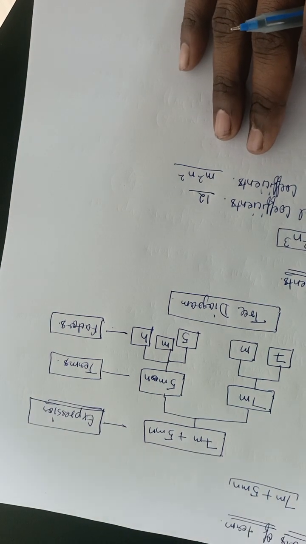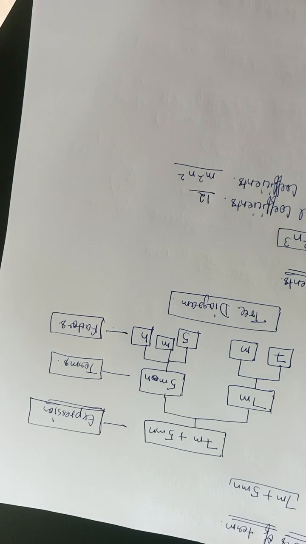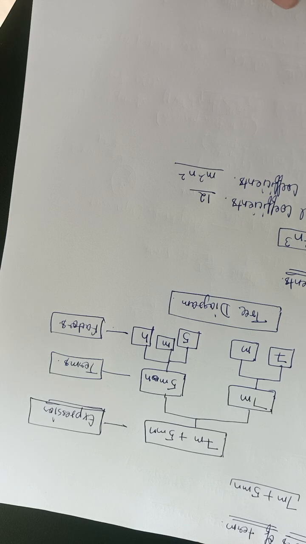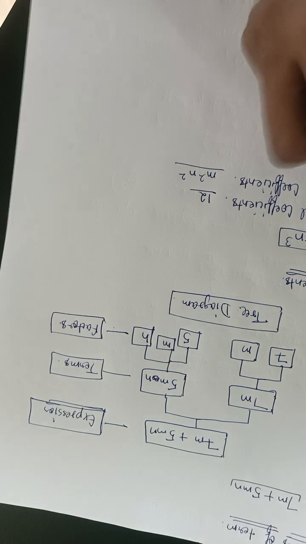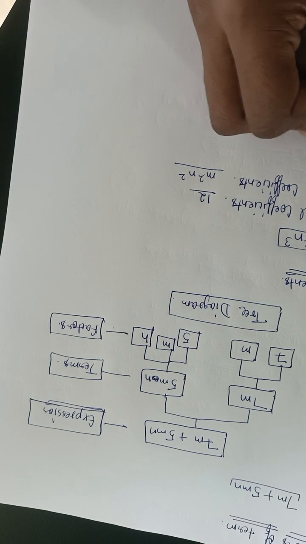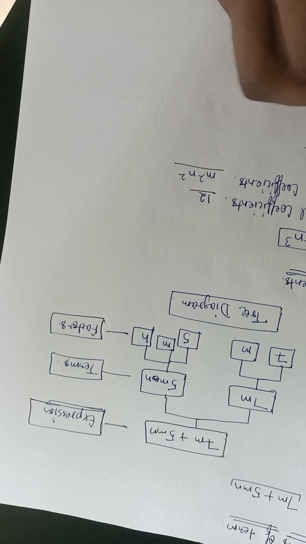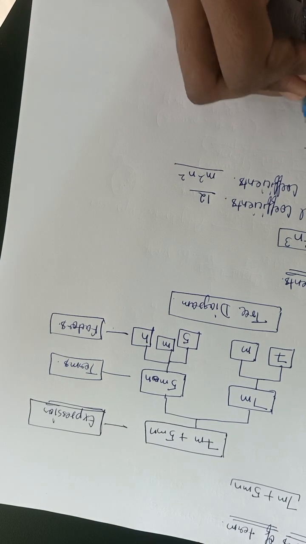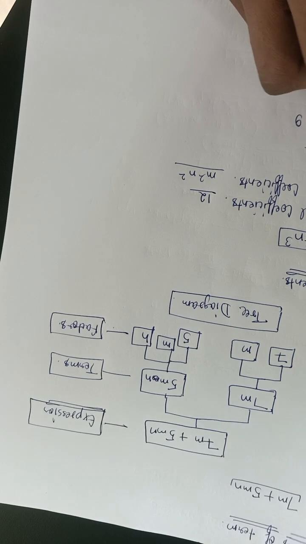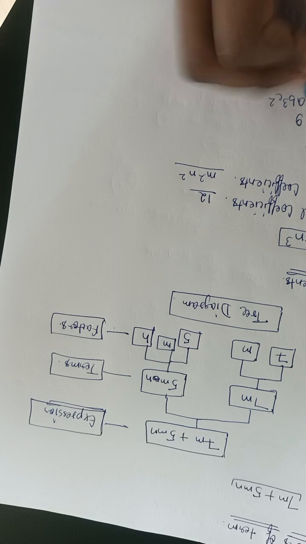Now let's solve another example: 9ab cube c square. Here the numeral coefficient will be 9 and the literal coefficient will be ab cube c square.